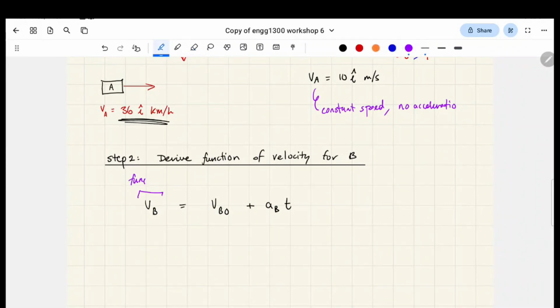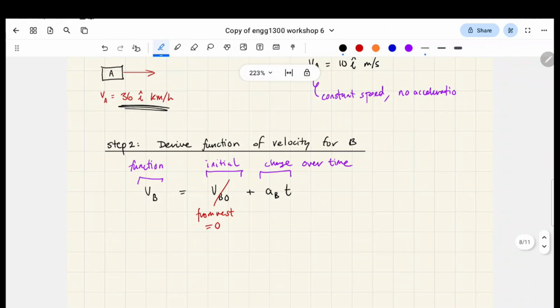So this is the function: it's equal to the initial plus the change over time. And this one's from rest, so that component's going to be 0. And so VB is just going to be equal to our acceleration, which was negative 1.2 j, like this.